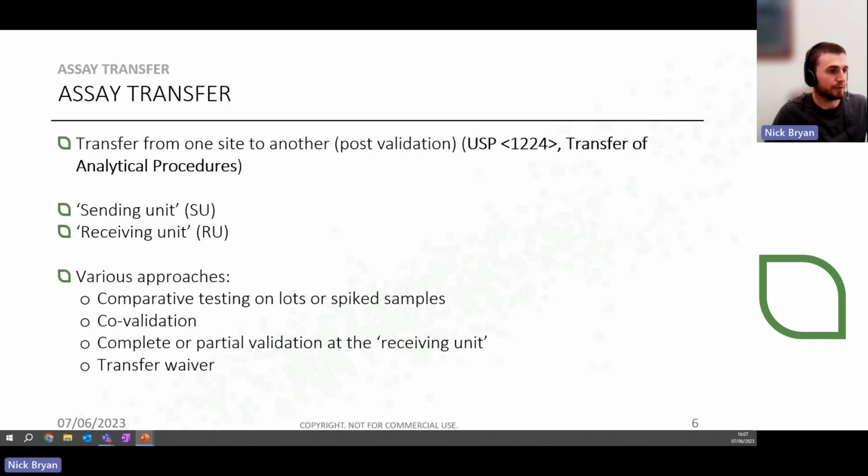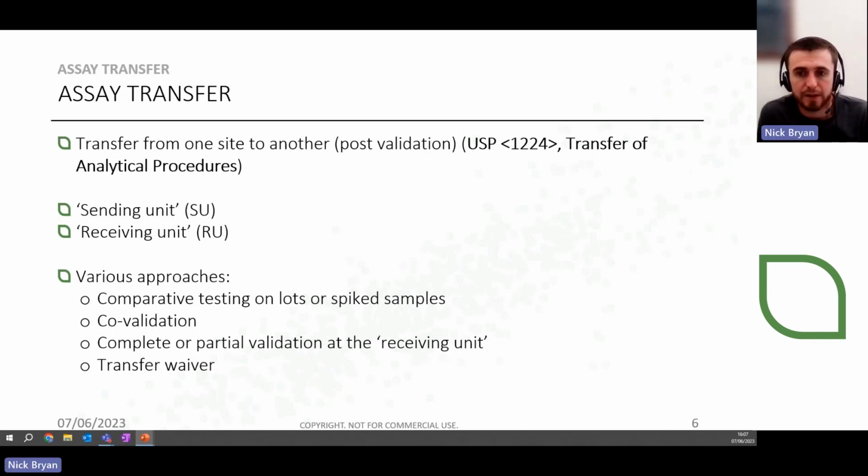Whether it's a full or partial validation depends on whether there is some justification that some elements do not need to be repeated. Off the top of my head, I can think perhaps specificity is an example of this. Once you've demonstrated it during your initial validation, you may not need to repeat it. However, you equally may need to complete a full revalidation. It just depends on the situation.